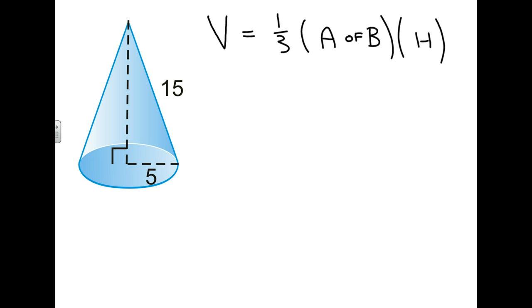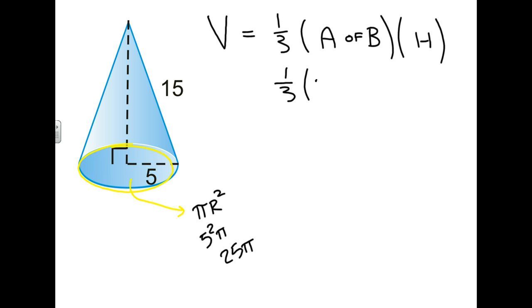And so if we have a circular base, what's the area formula for a circle? Remember that? Pi times the radius squared. They give you the radius here, so the area for this is going to be 5 squared pi, or 25 pi. You just leave pi in your answer until you get to the very end, and then you hit enter 1 time, and you'll be most accurate.